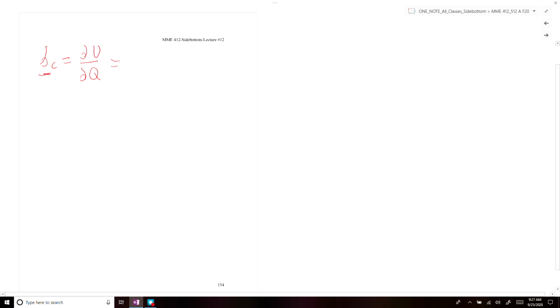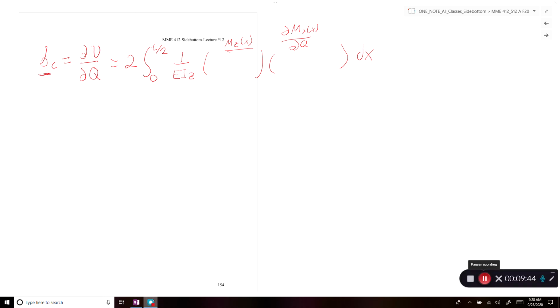In this case, that dummy load is Q. So our integral will be from 0 to L over 2, 2 times 1 over EIz, so this is the simplified Castigliano's method, times Mz of x times dMz of x with respect to Q dx.